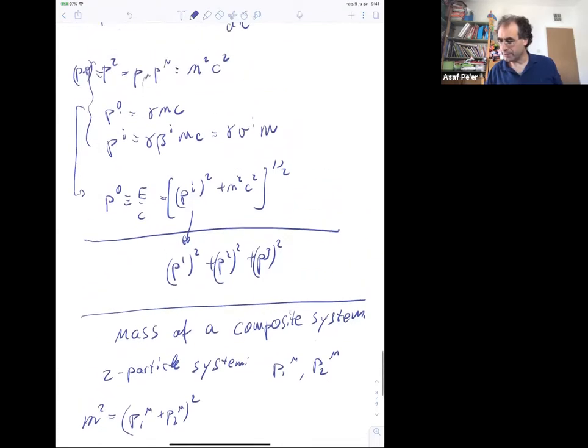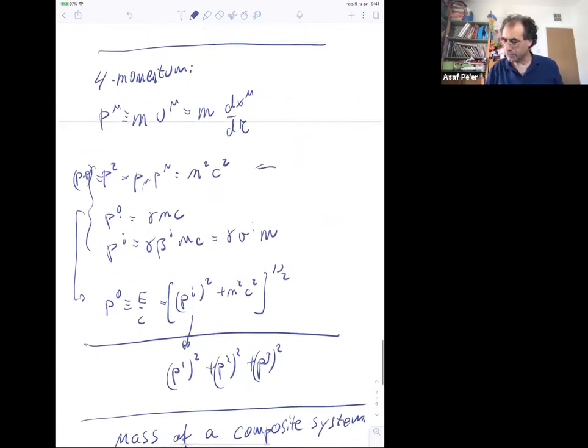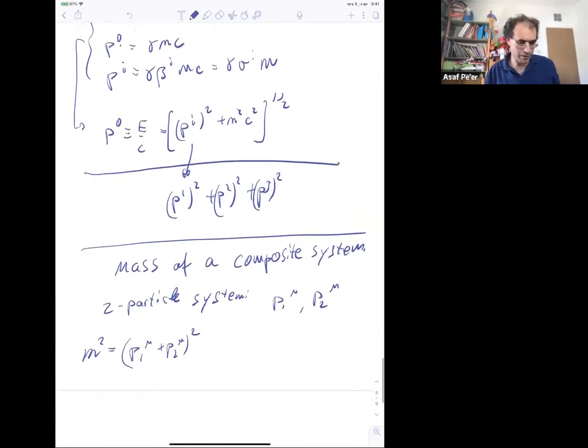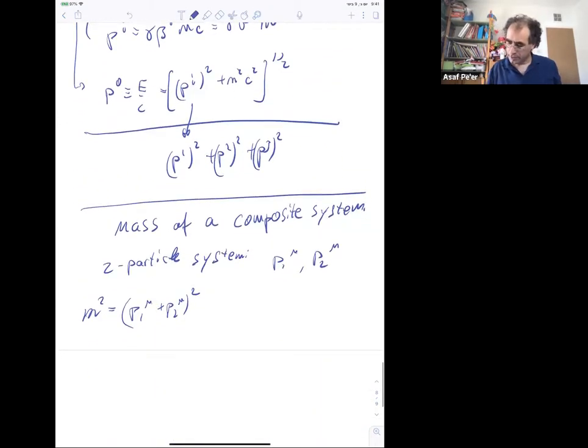times c squared, but at this point I'm just removing the c squared. This is of course just (E1 plus E2) squared minus (P1 vector plus P2 vector) squared.